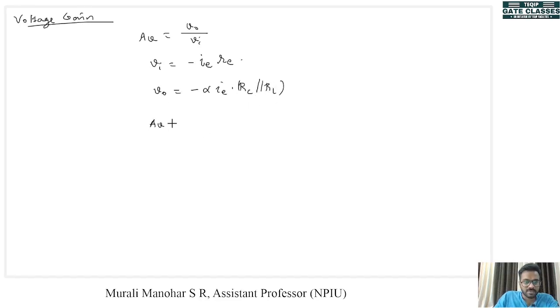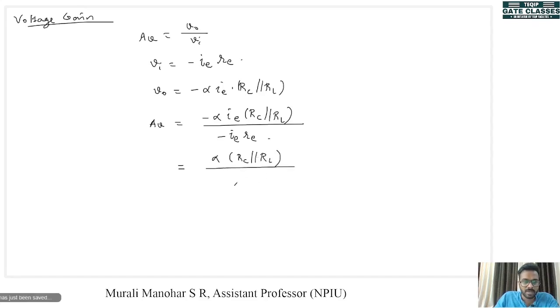Now AV is given by minus alpha IE into RC parallel RL divided by minus IE re. IE and IE cancel, minus and minus cancel. So what we get is alpha into RC parallel RL divided by re. This is the voltage gain.